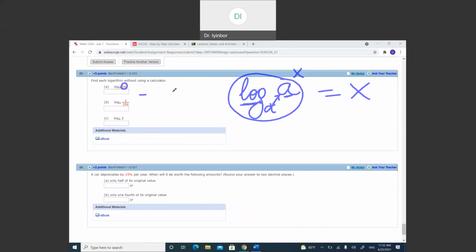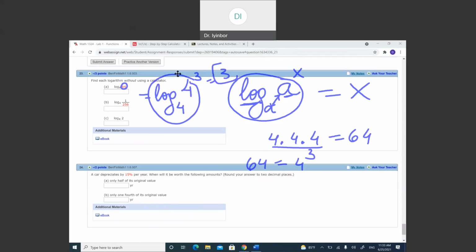So 4 times 4 times 4 is 64. So the logarithm with base 4 stays there, and 64 I'm changing to 4 with exponent 3, because I multiply 4 by itself 3 times. So that's what I did. I changed 64 to 4 cubed. All these cancel out, so my answer is 3 for the first one.